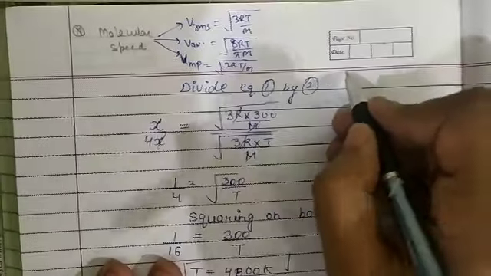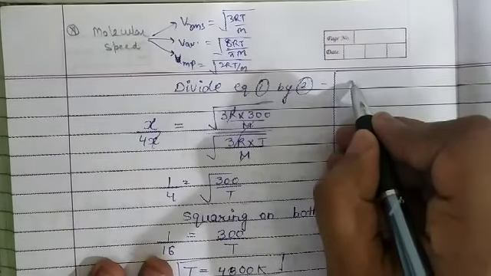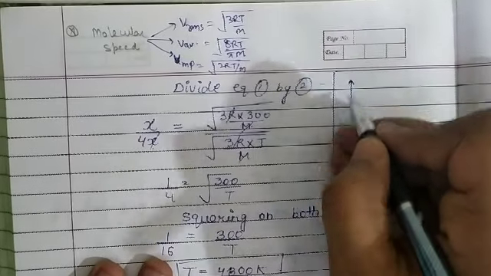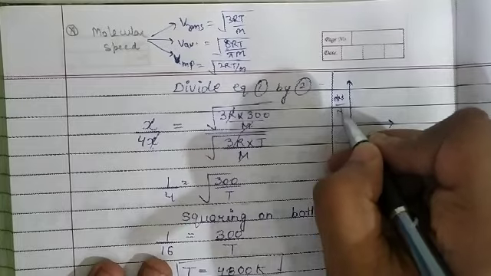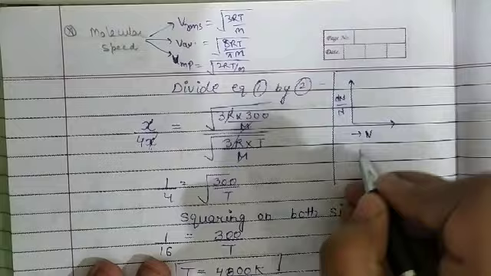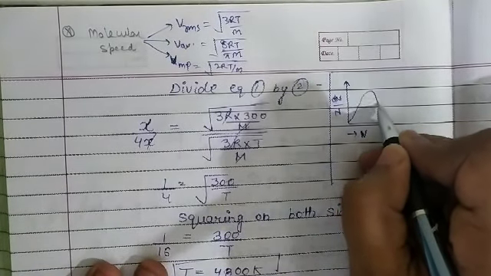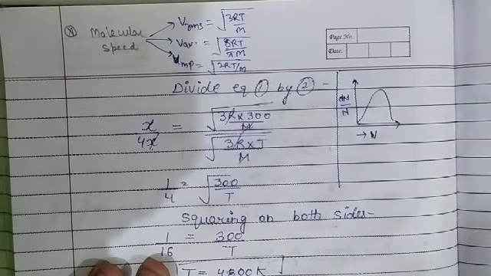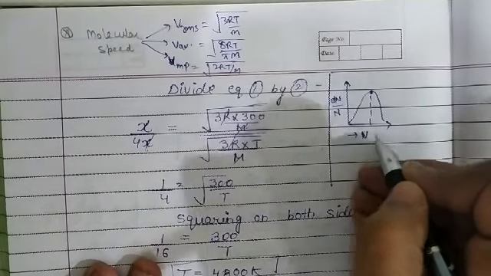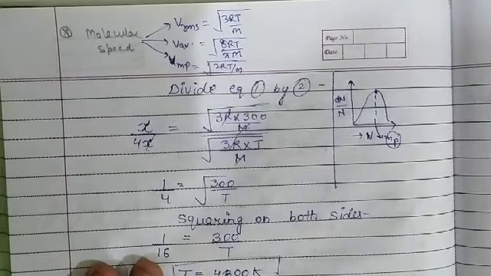Then we discussed the Maxwell distribution curve, which is the curve between fraction of molecules versus molecular speeds. The points we learned from the Maxwell distribution curve are: this is the peak, and the maximum fraction of molecules corresponds to the speed known as most probable speed.